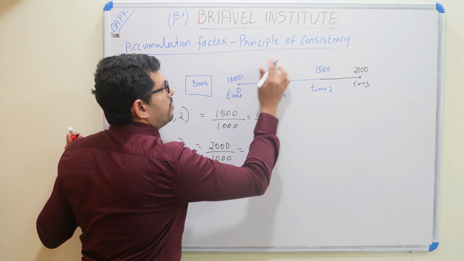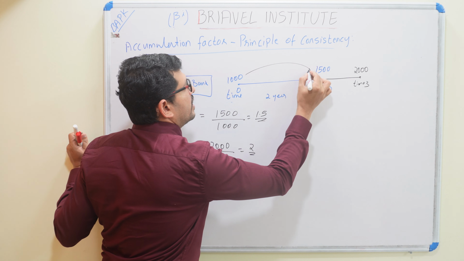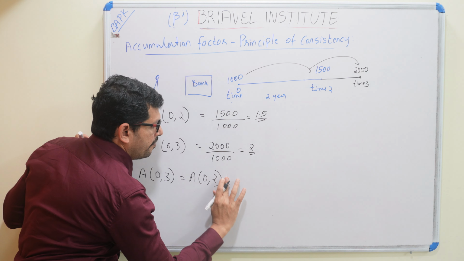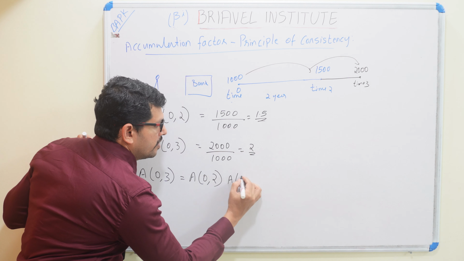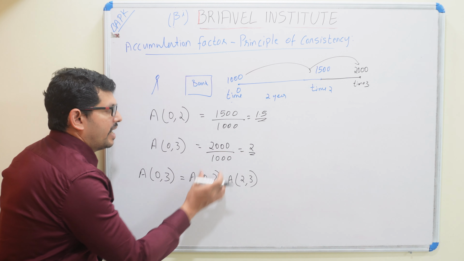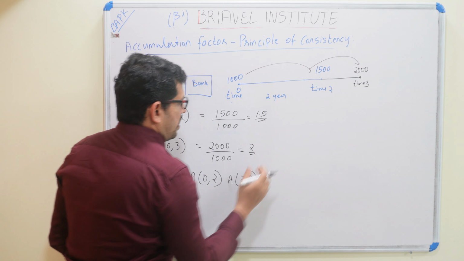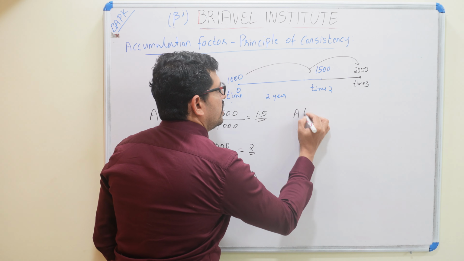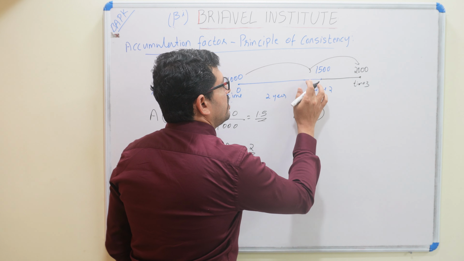It is accumulated up to time 2 and then accumulated from 2 to 3. What is the accumulation from 2 to 3?